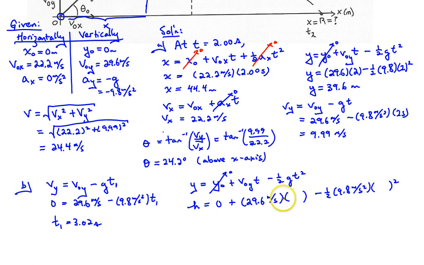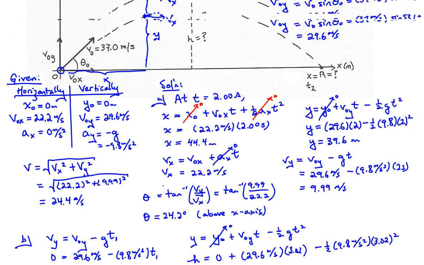And I just realized actually it should be 3.02 seconds in each of these areas. It's definitely Friday for me. So subbing in appropriately the right time of 3.02 seconds, you'll get a maximum distance of 44.7 meters. That's the vertical distance, or the maximum height.